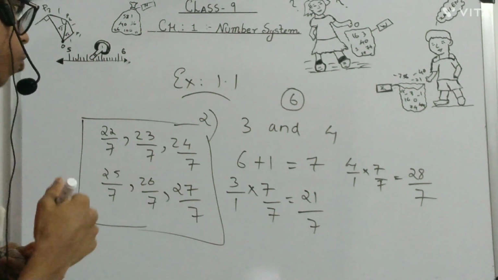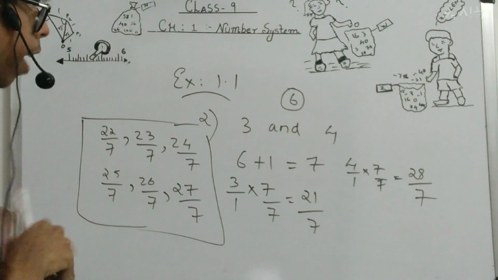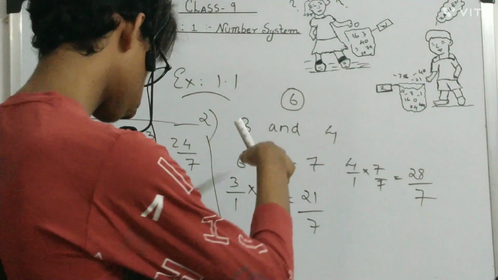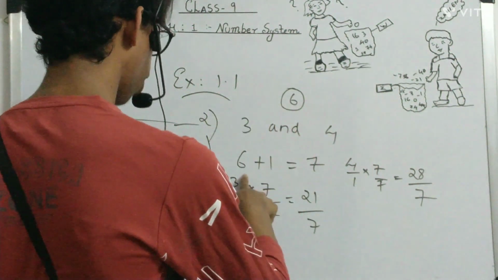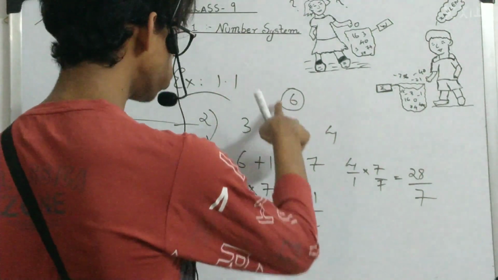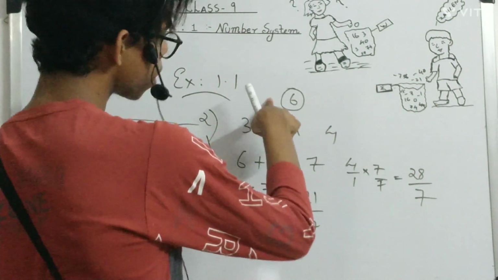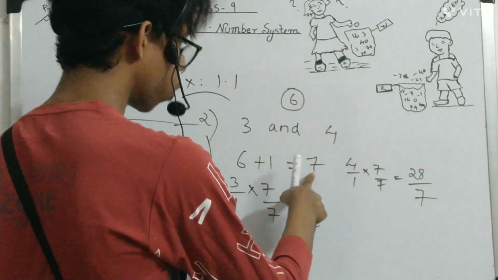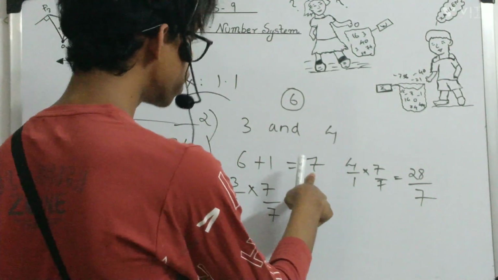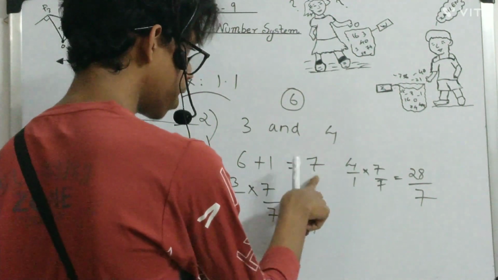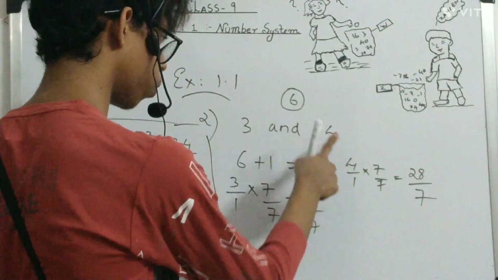So here we got exactly 6 rational numbers between 3 and 4. Once again I will repeat. In the question they have asked you to find 6 rational numbers. You have to add 1 to the total number of rational numbers they are asking you to find. So 6 plus 1 I got as 7. The next step is you have to multiply and divide this 7 with this 3 and 4.